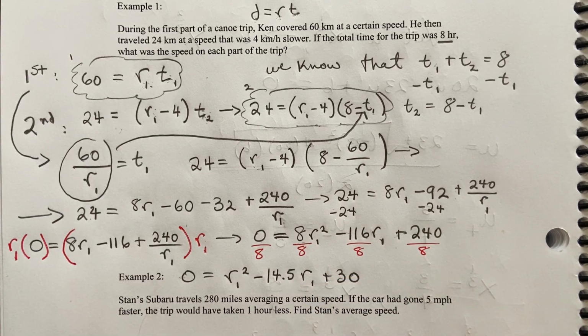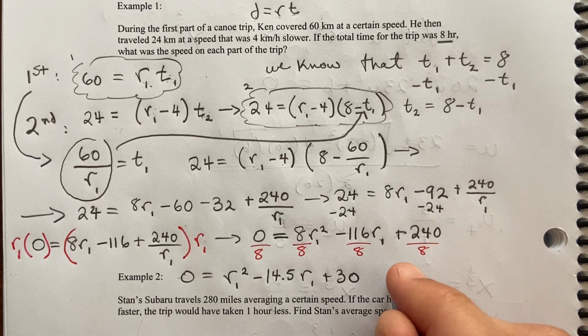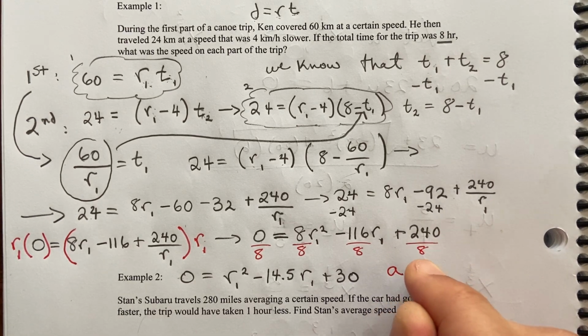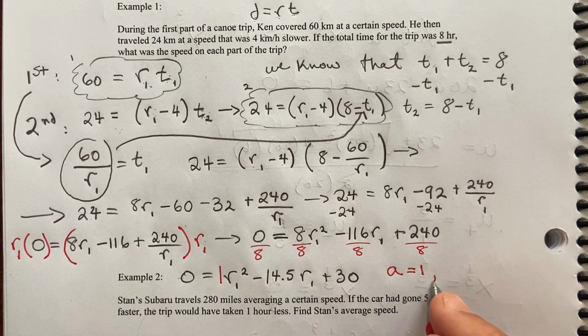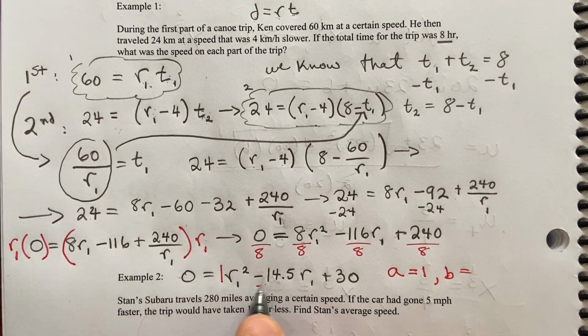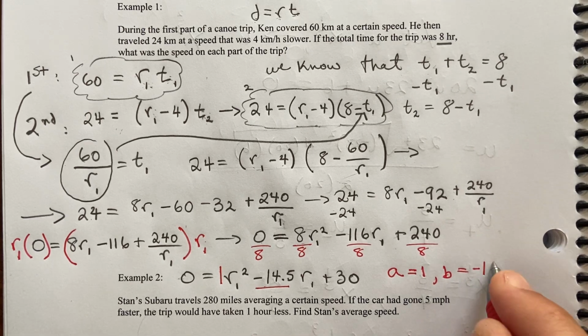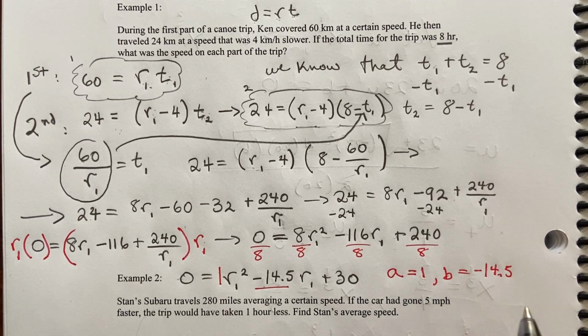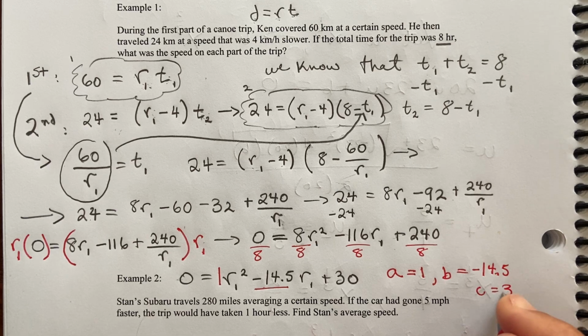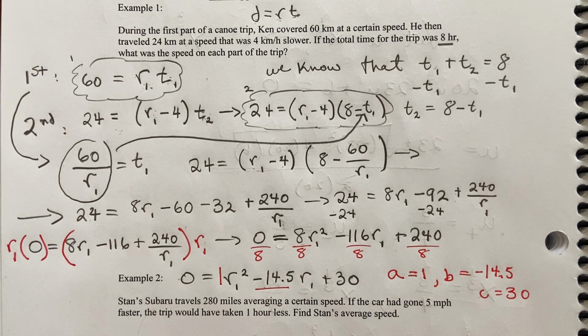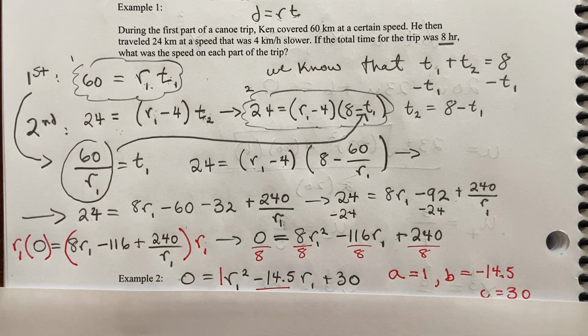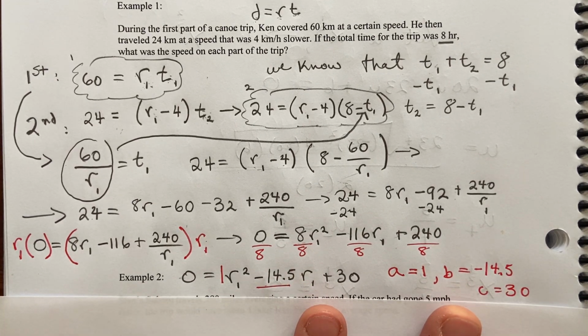So now you're welcome to use the quadratic formula. You can say A is 1, in other words, this one. B is negative 14.5. And C is 30. So I'll use this other piece of paper to do the rest of the work.